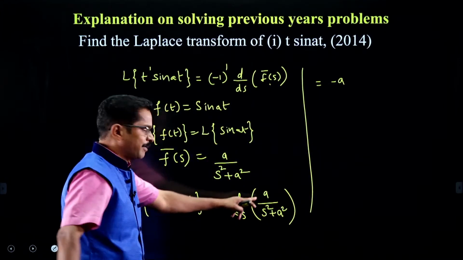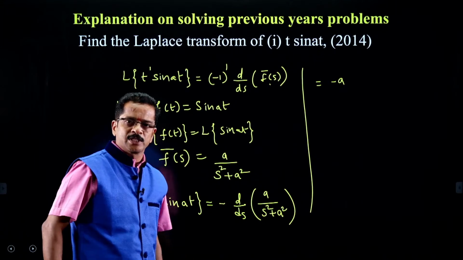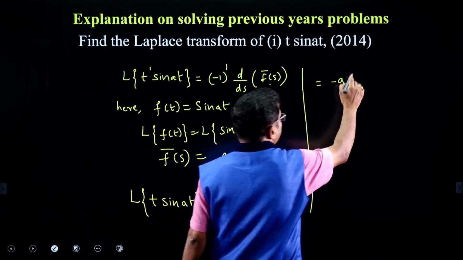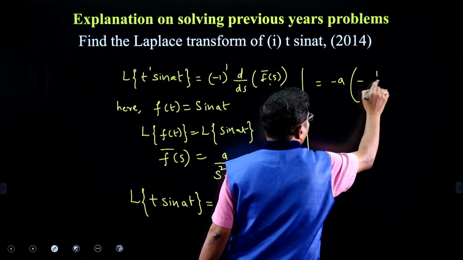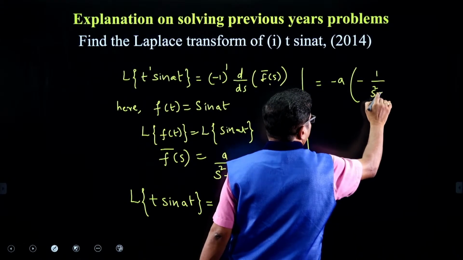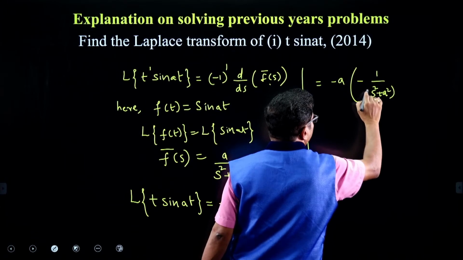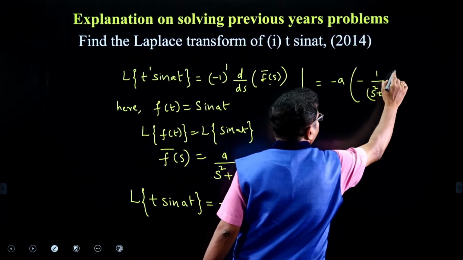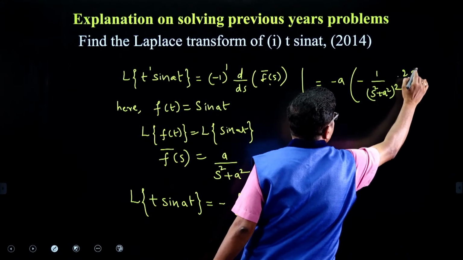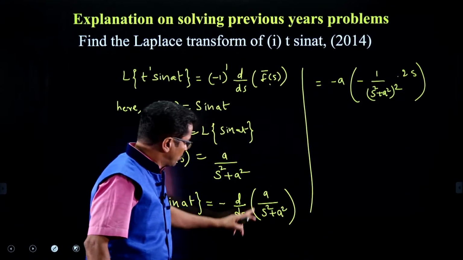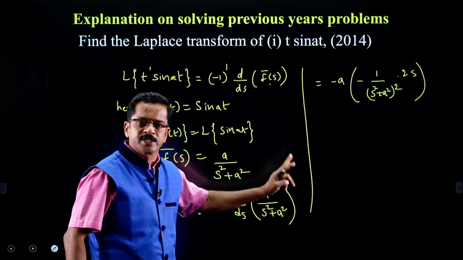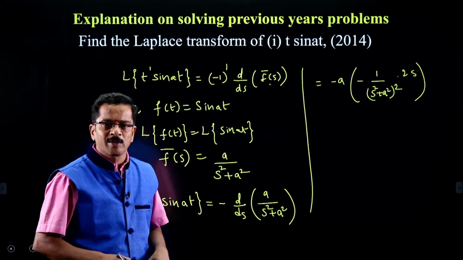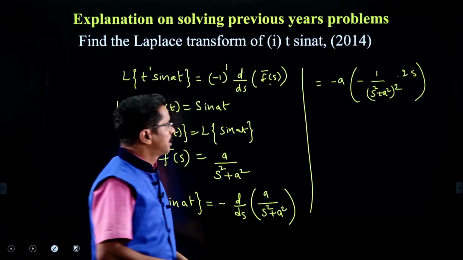D by ds, if a comes out, means 1 by s square plus a square will be left. So 1 by s square plus a square differentiation is minus 1 by s square plus a square whole square, and s square plus a square differentiation is 2s.